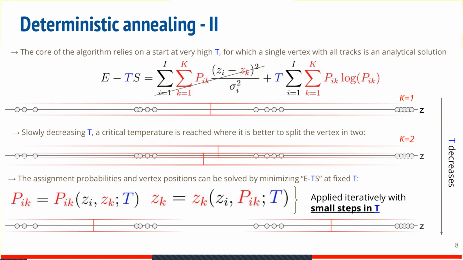And the thing is that instead of fully optimizing this formula for each t, you can start with an analytical solution that is unique at a high temperature, which is having a single cluster that groups all of the tracks together. And this is, of course, a solution of maximal entropy.